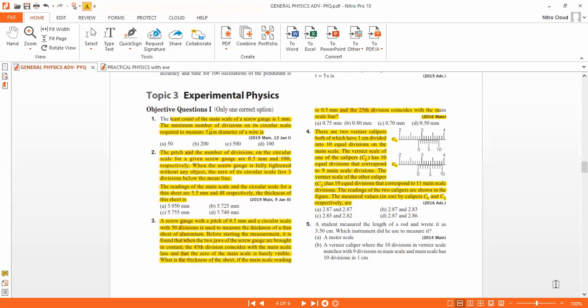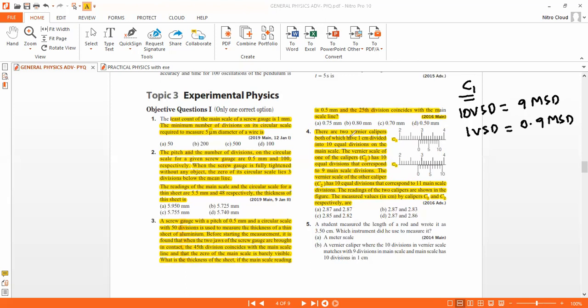Firstly, see the first caliper C1. What I know is that 10 equal divisions correspond to 9 main scale divisions. So 10 Vernier scale divisions equal 9 main scale divisions, so 1 Vernier scale division equals 0.9 main scale division.